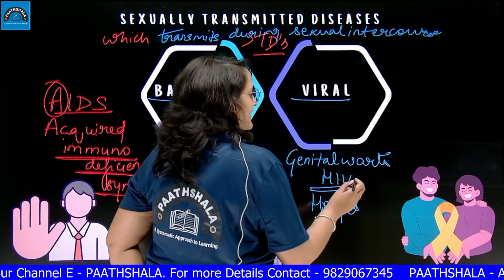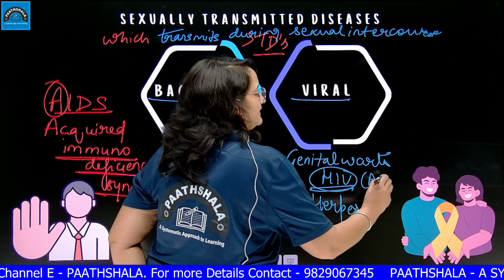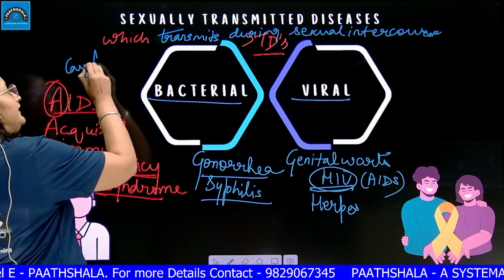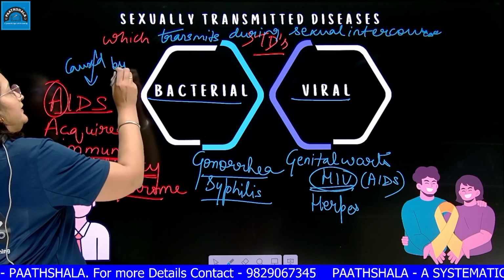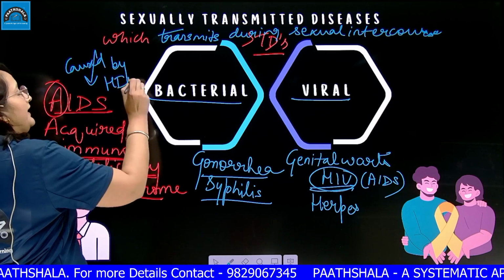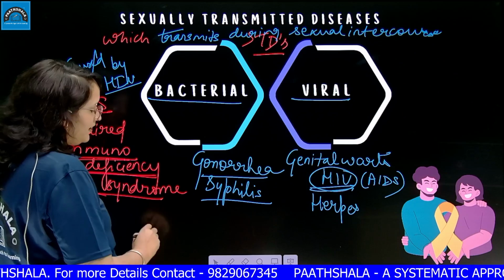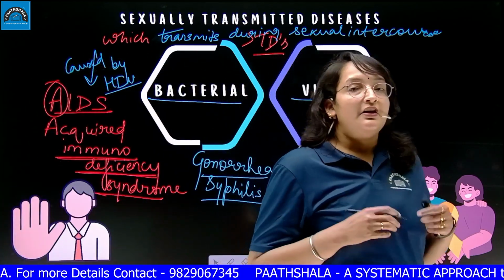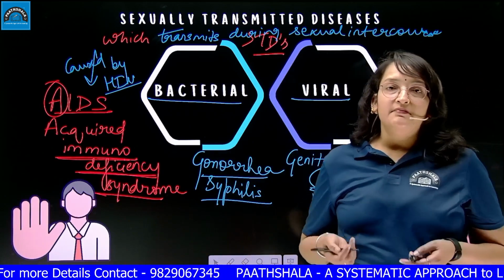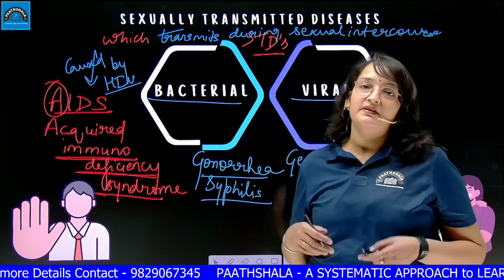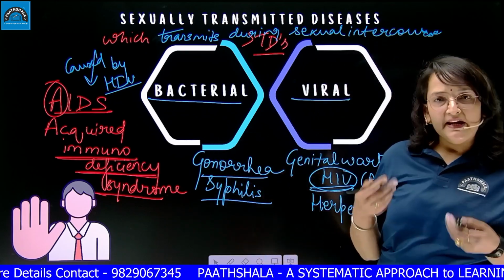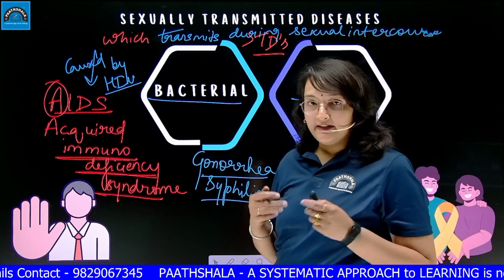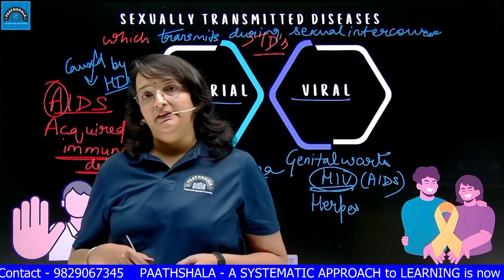HIV is the name of the virus causing AIDS. Right? AIDS is caused by a virus called HIV. HIV stands for human immunodeficiency virus. It makes our immune system deficient, weak. So the person will suffer from many other infections, and finally the person will die if this disease is not diagnosed in its early period.